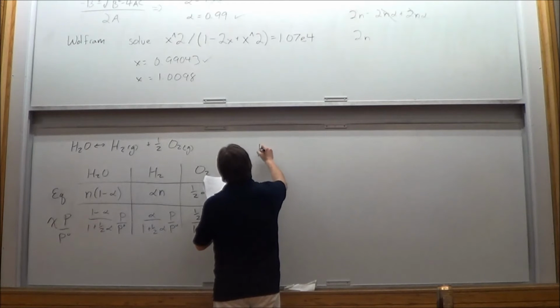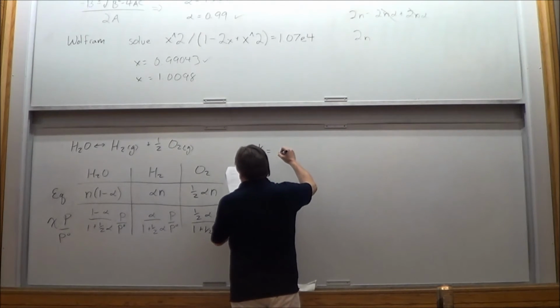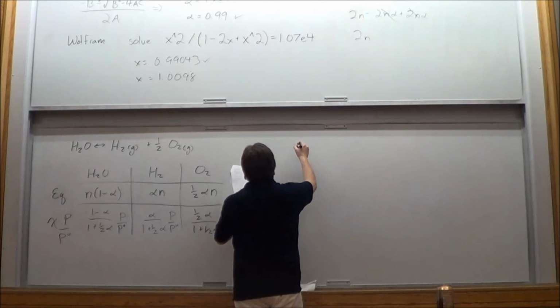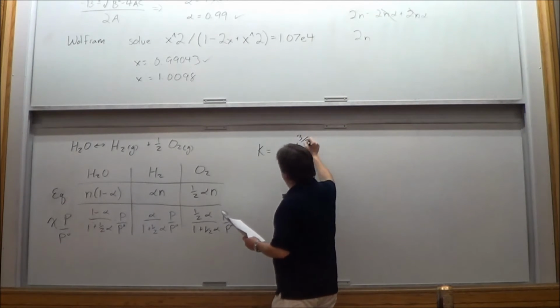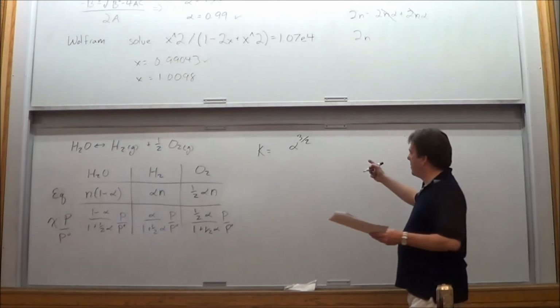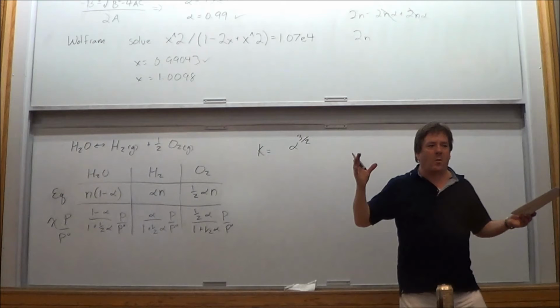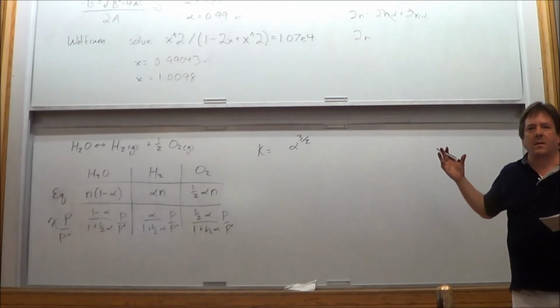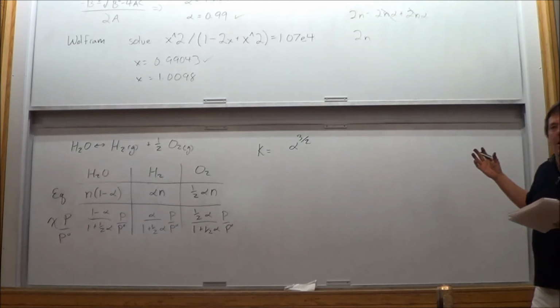So K is alpha to the, did I write this down just in the last hour? Because I'm kind of blanking out. This is what I wrote, right? Alpha to the 3/2. Or wait, did I? I'm sorry, I don't know why I'm just blanking out on this. I did? Okay, sorry.